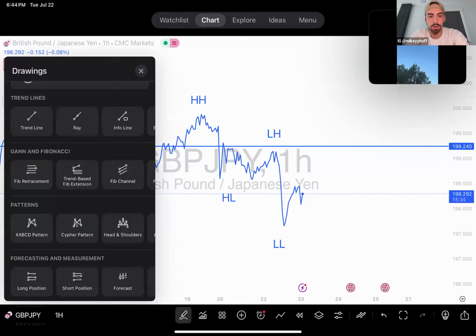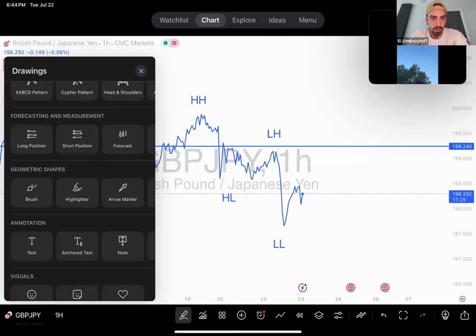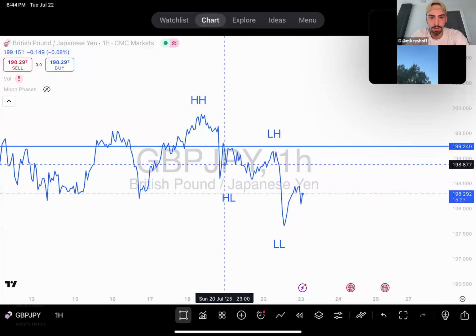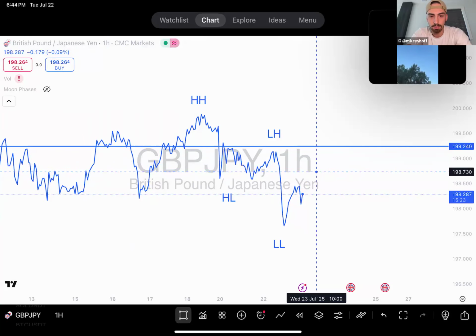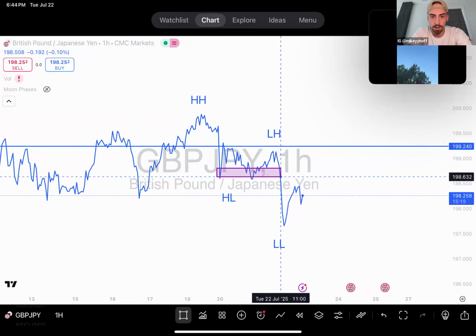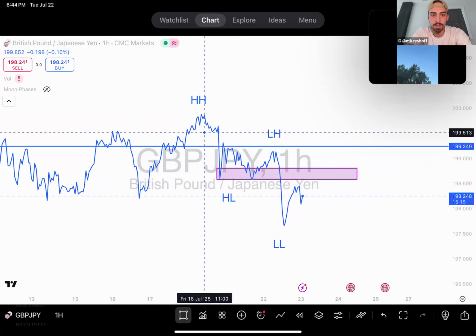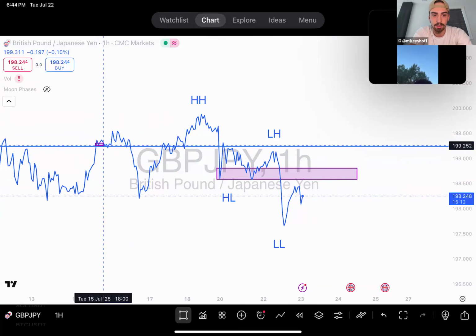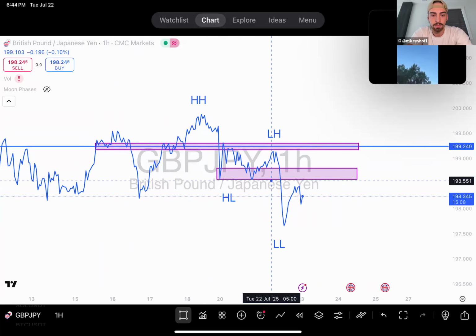What we're going to do is look for the valleys. In this case, we can see right in here, we have these valleys being created. So I would look for somewhere in this area. And then our other most recent area for valleys is this area right here. You see that?